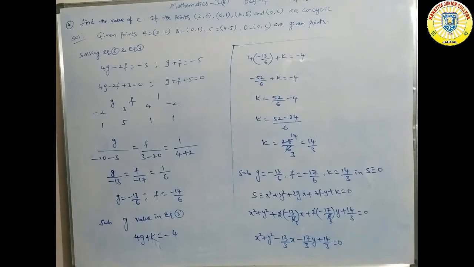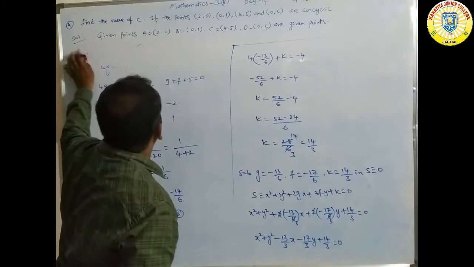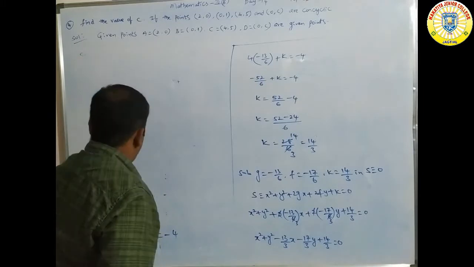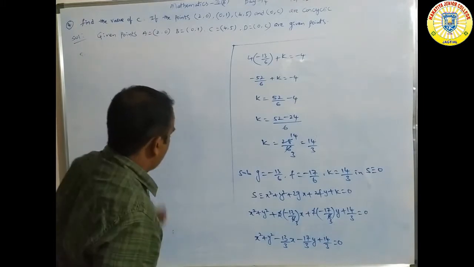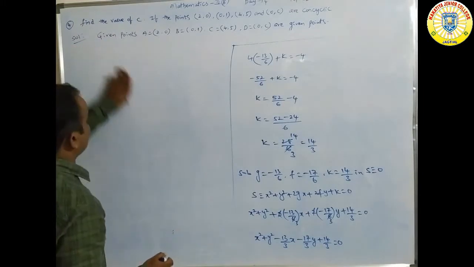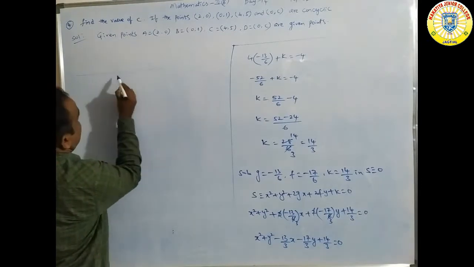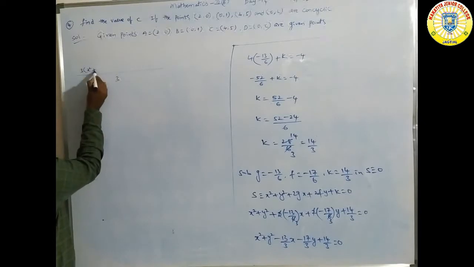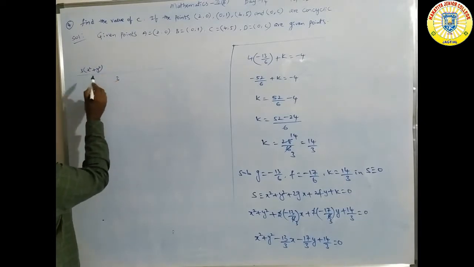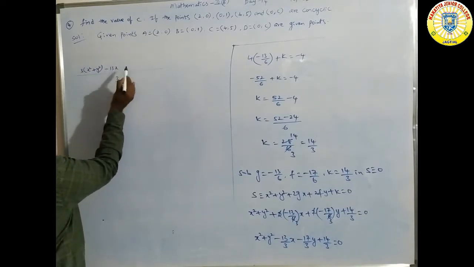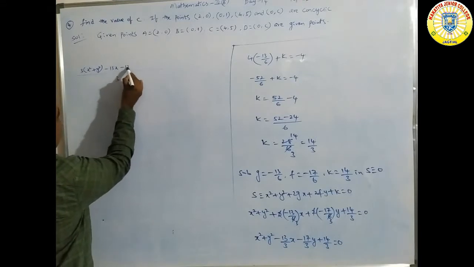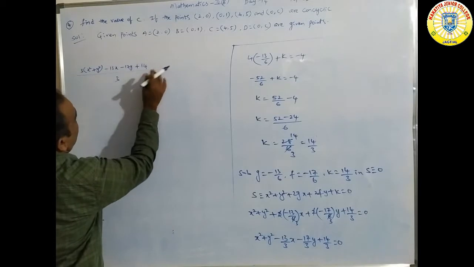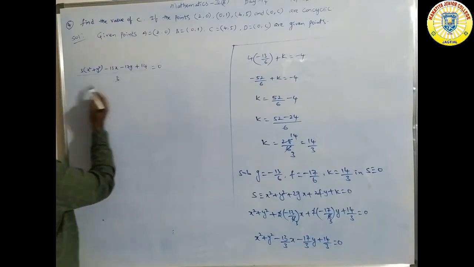Next, here we are simplifying that one. What we are getting? So x square plus, what is the LCM value? 3 is the LCM value. Here what we are getting? 3 into x square plus y square, minus 13x minus 17y plus 14 is equal to 0.